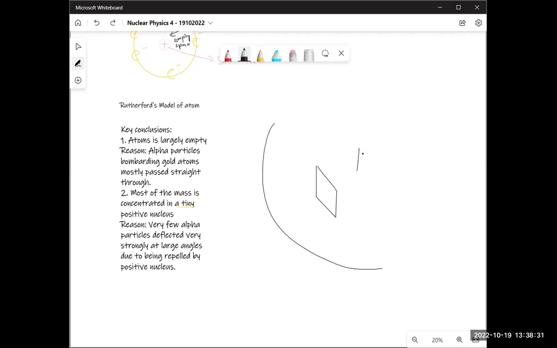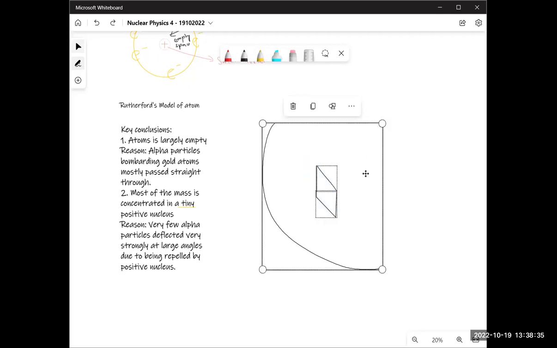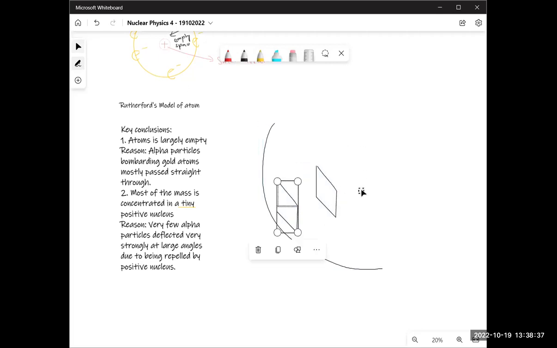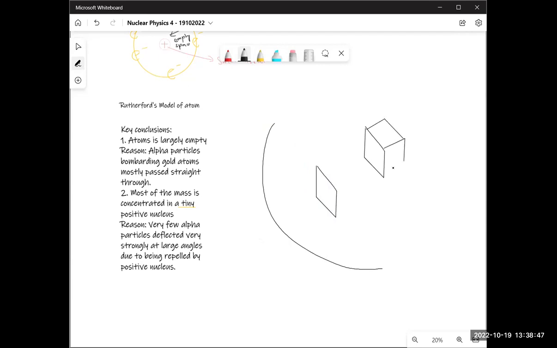Now, over here, all you have to look at is that you have, let's say, a gold plate. Gold atoms. On this gold plate, you're throwing alpha particles towards it.